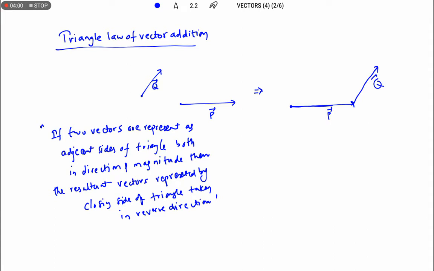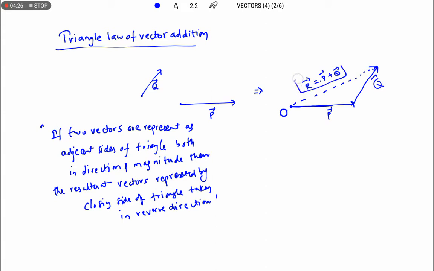Now we have to close from Q to, suppose I am taking this as O. Q to O we should not go. So the closing side has to be the reverse, OQ.